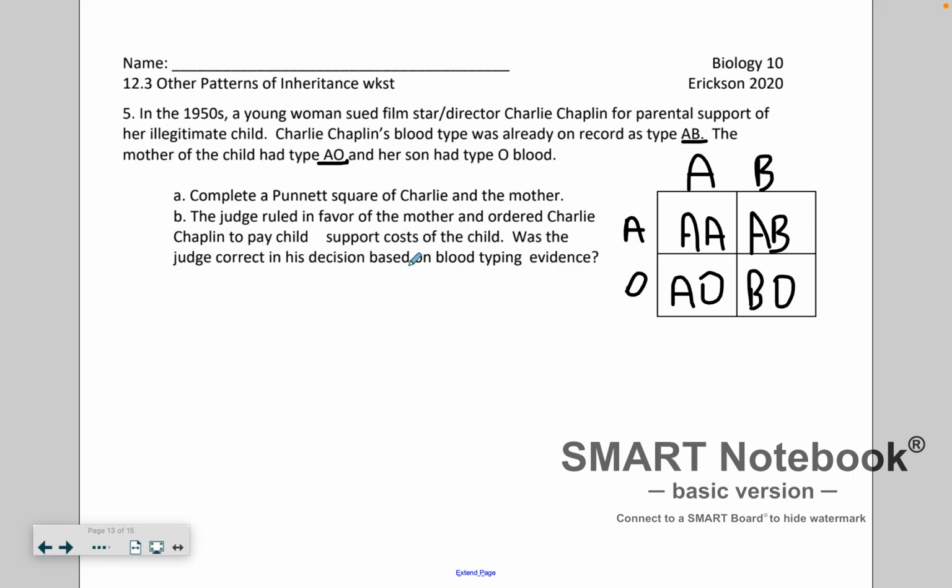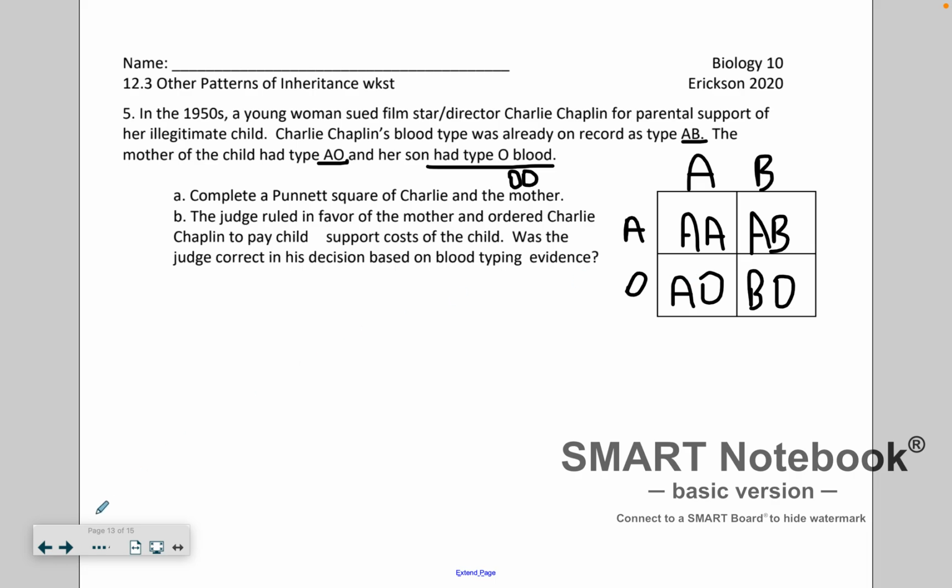Was the judge correct in his decision based on the blood type evidence? Well, what's the blood type of the son? The son had type O. What's the genotype for blood type O? O, O. Now, a Punnett square shows you the probability of all the predicted outcomes, and nowhere in this Punnett square do we see type O blood.